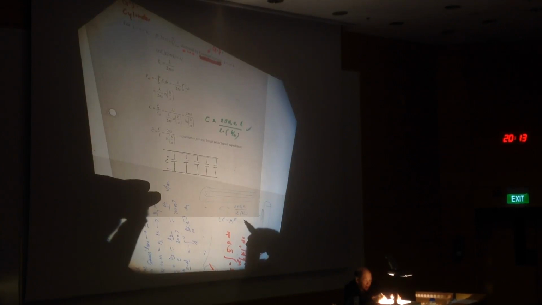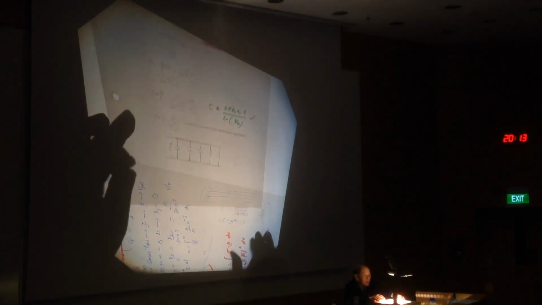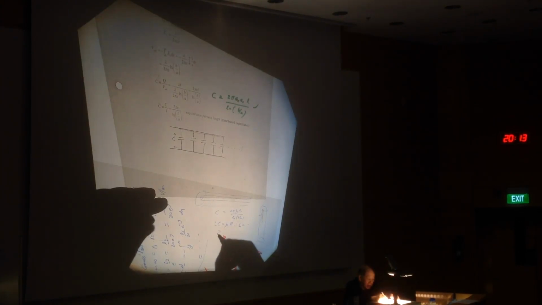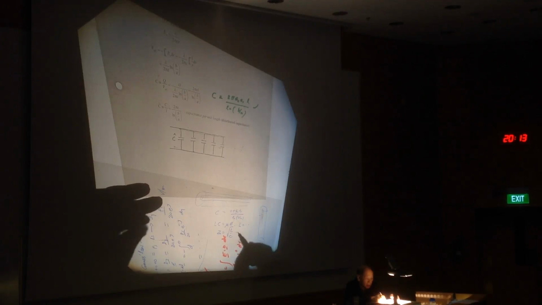Therefore I can calculate what is L, and then I can find Z naught is the square root of L over C. This is called the characteristic impedance, which Professor Go will tell you when time permits.